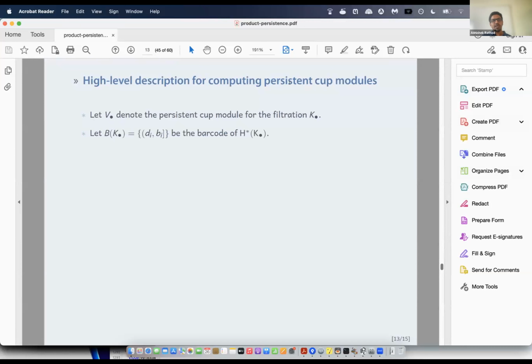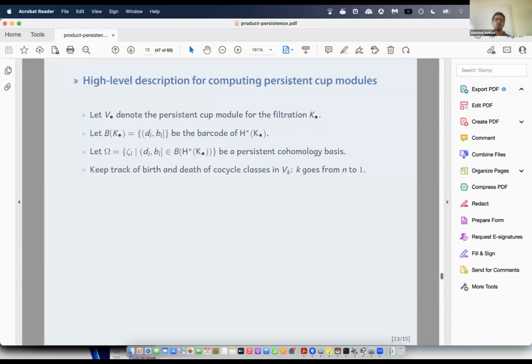You have to begin by computing the barcode of ordinary persistent cohomology, and let's denote this by B K bullet, with intervals given by b_i, d_i. Now let omega be a persistent cohomology basis for ordinary persistent cohomology. We will be using these representatives for computation.